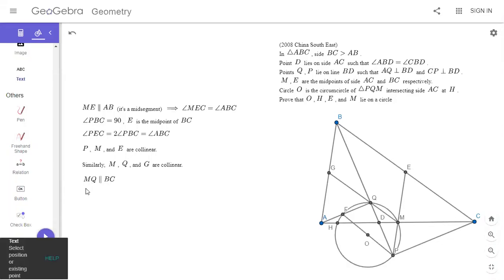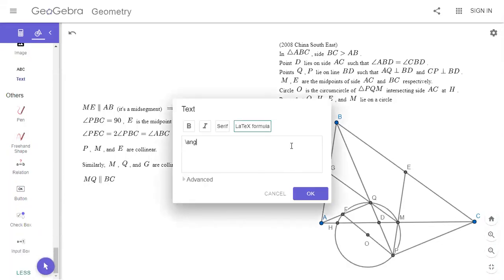So HOM is equal to 2 times 180 minus angle HQM. This is equal to 2 times 180 minus angle HQD minus angle MQD.